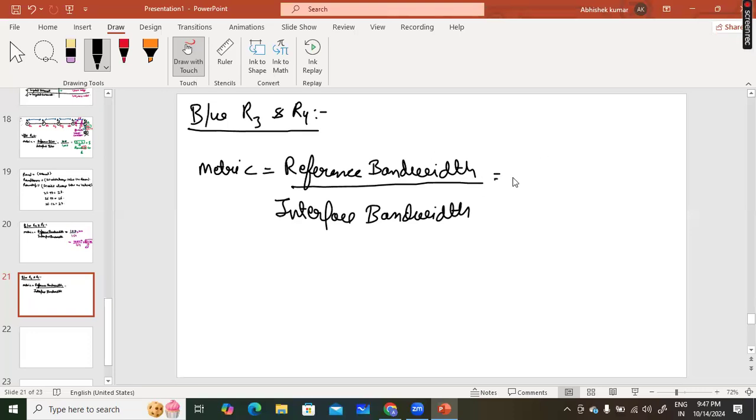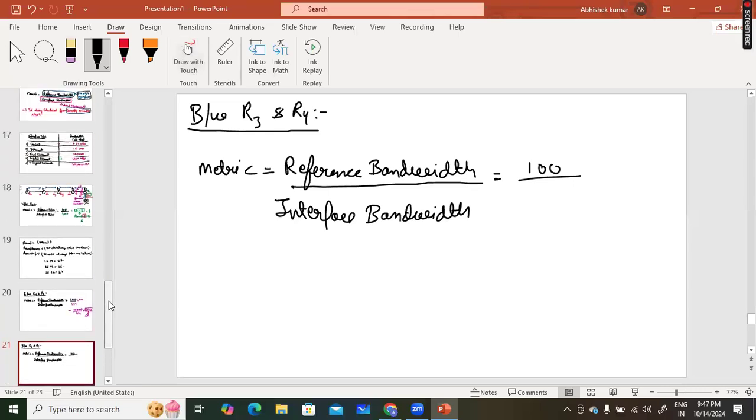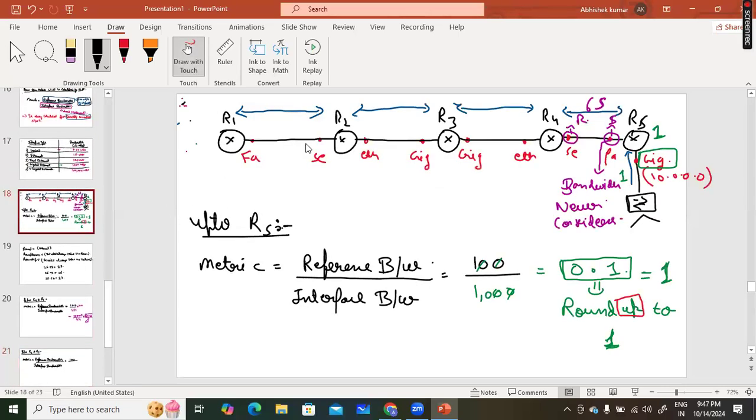Reference bandwidth by default is 100 Mbps. And now, which interface bandwidth do I have to consider? Tell me. Ethernet. Say again. Ethernet.